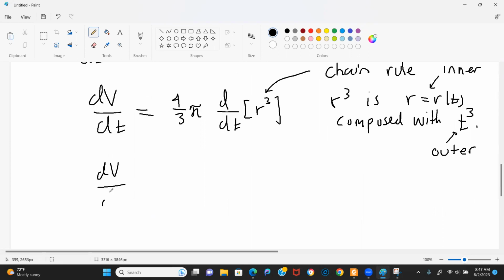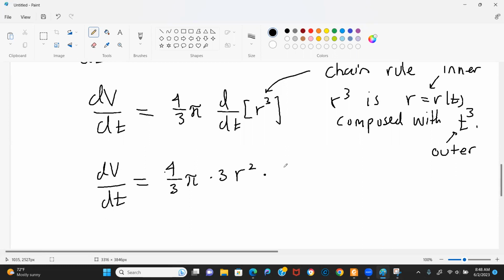So the chain rule says we have 4/3 pi, and you take the derivative of the outside function, which is t cubed, so you reduce the 3 by 1. But then you have to evaluate it at the inside function, so it's going to be 3r squared.